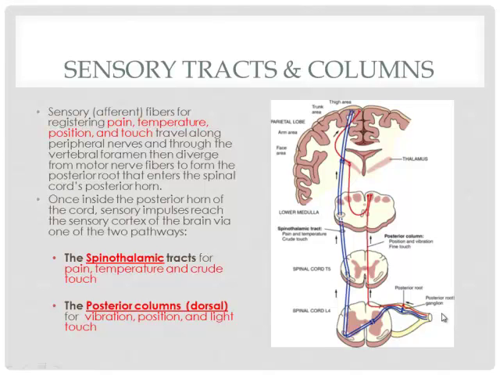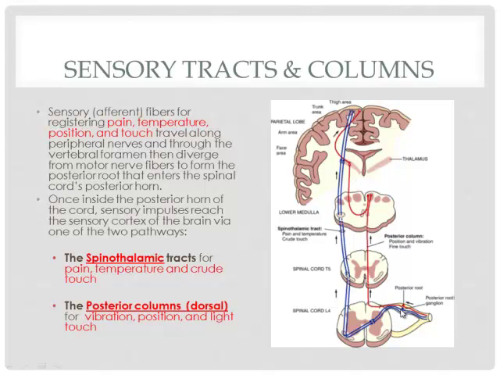These afferents are coming from the afferent nerves, and then they come in to the spinal cord along the posterior root.